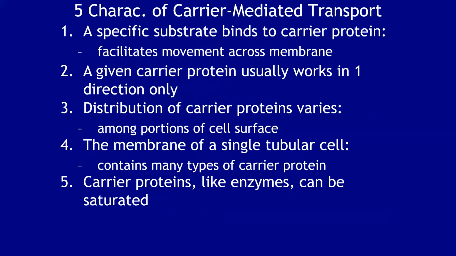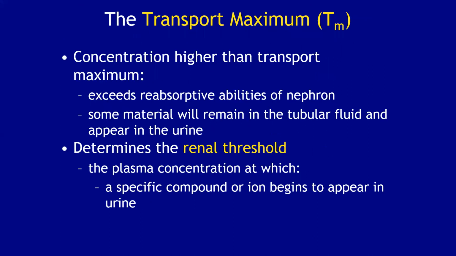If we look at tubular cells, they have many types of carrier proteins, and carrier proteins can be overwhelmed. They're like enzymes. So if you think about why you have too much glucose in your urine, it's because you have so much glucose in your blood that it just overwhelms the system and it shows up in your urine.